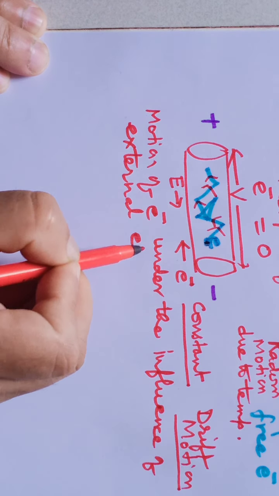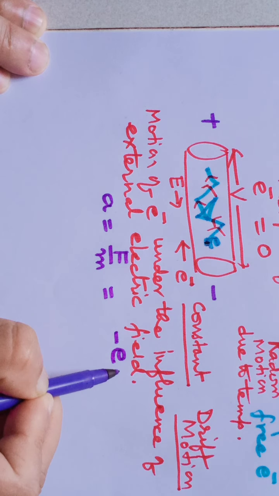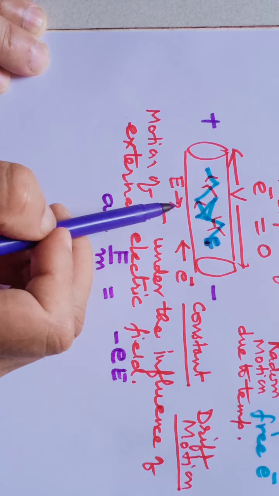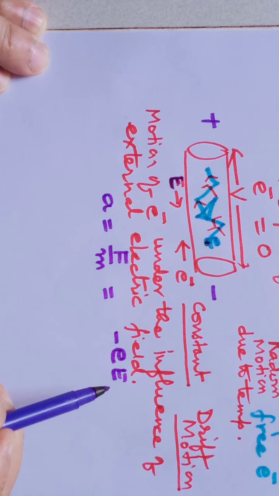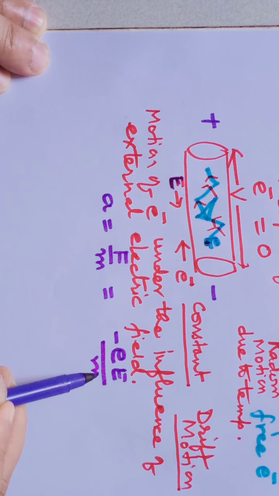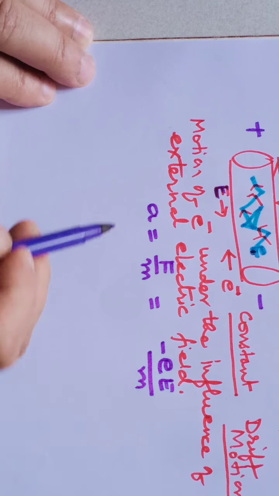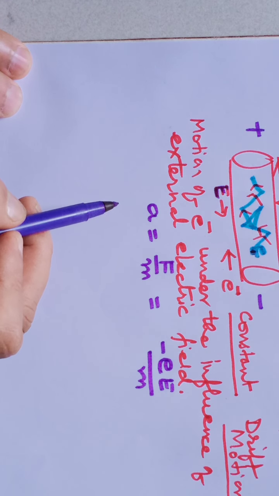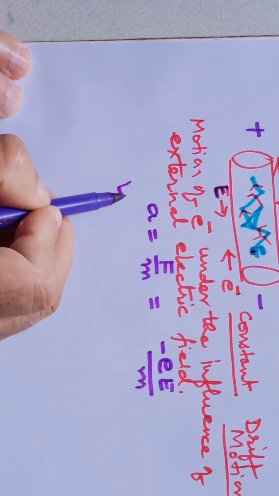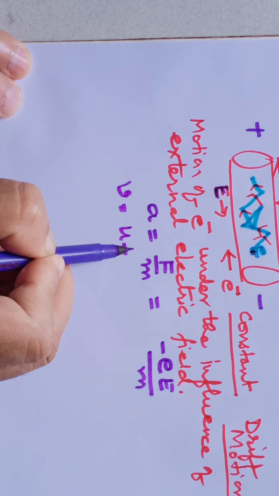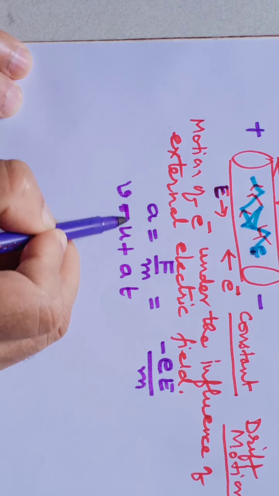Now let us try to calculate. So the acceleration of the electron will be force upon mass of electron. Force on electron is minus charge into electric field intensity E, which is applied, upon mass. So if we apply the first law of motion, then V is equal to U plus AT.